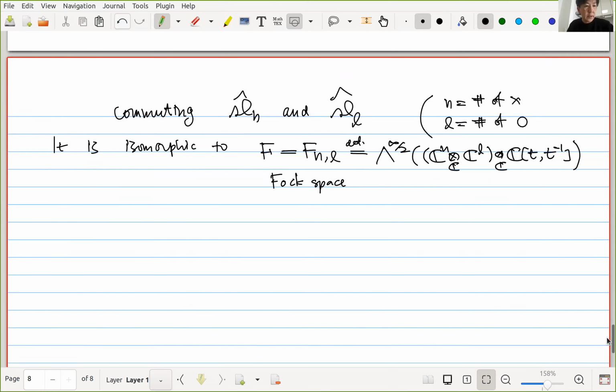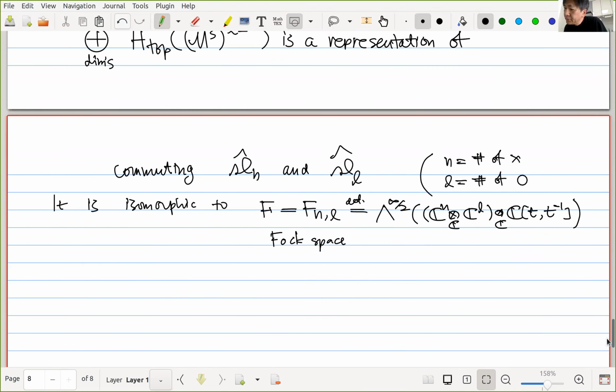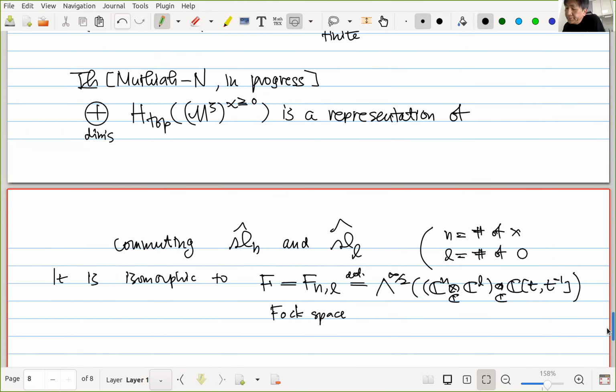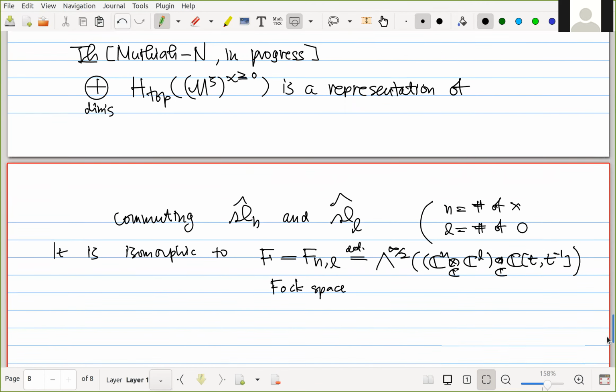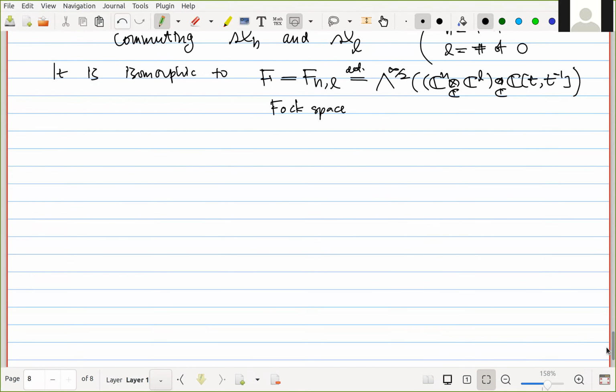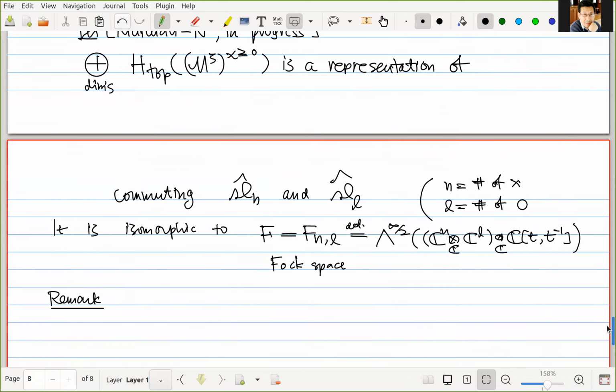Okay, so this is the main result. Any questions? Probably you could explain more what that means. If you interchange n and L in this duality, how is the center acting on each of them?